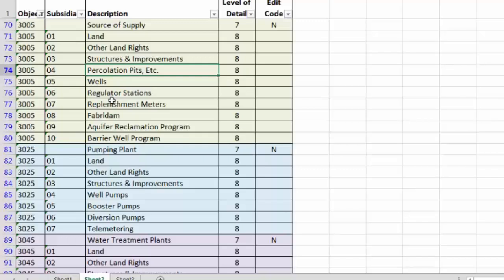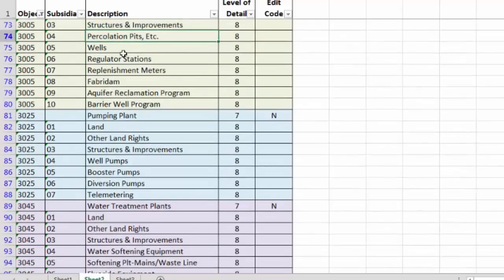For example, Fabridam. I'm going to have it in the source of supply, but I don't need it in pumping plants. It's not a part of a pumping plant. But you can see that 01 is always land, 02 is always other land rights, 03 is always structures and improvements, etc., etc.